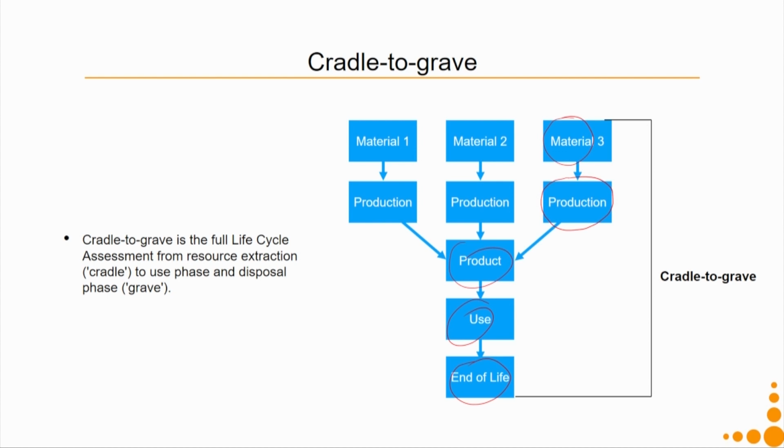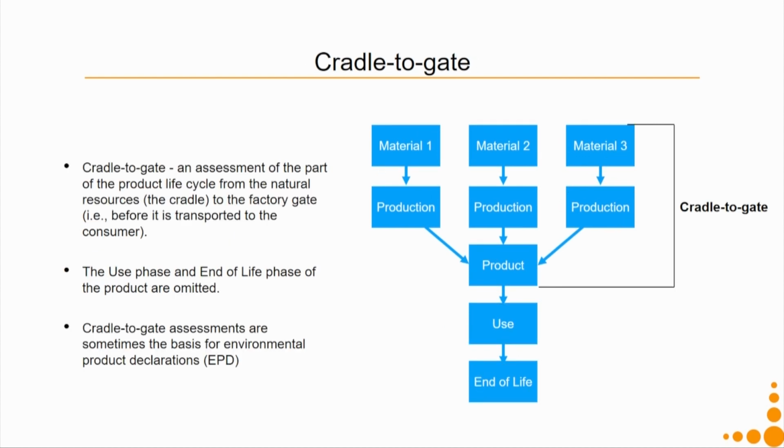The advantage of this is it considers the production side as well as the use side as well as the end of life phase. Another assessment which can be done, because we are not very sure about the use phase and the end of life phase, these are scenarios, different people can take up different scenarios and you might not be able to have much control over those scenarios.